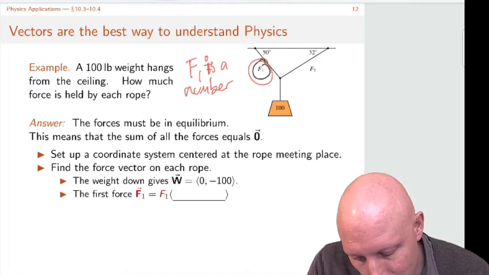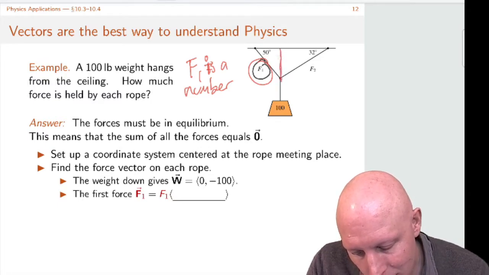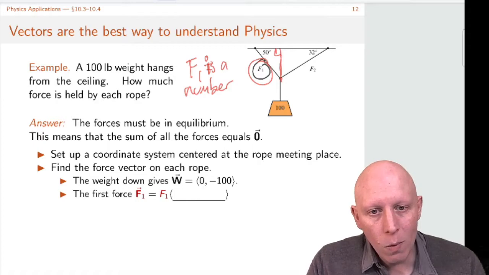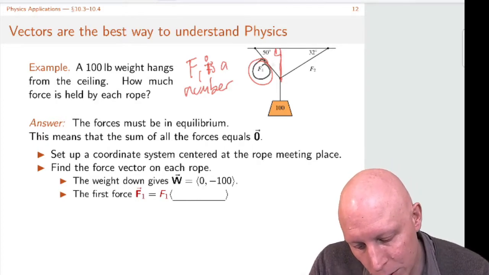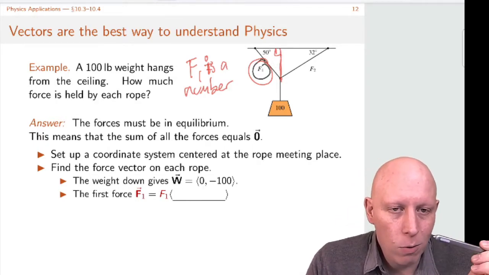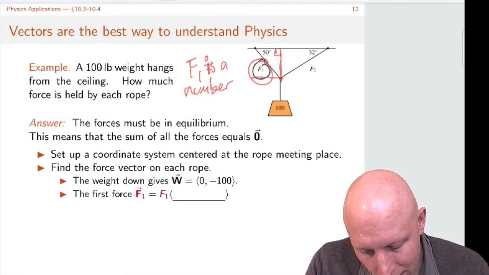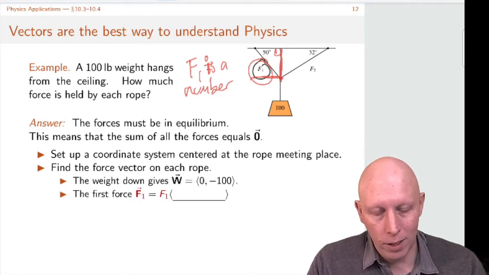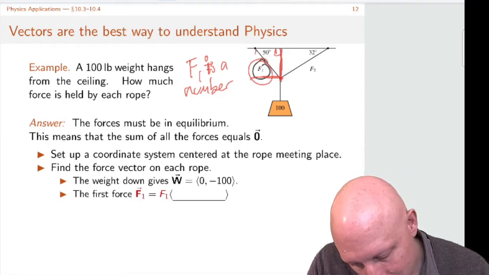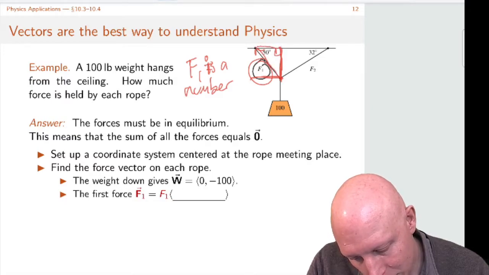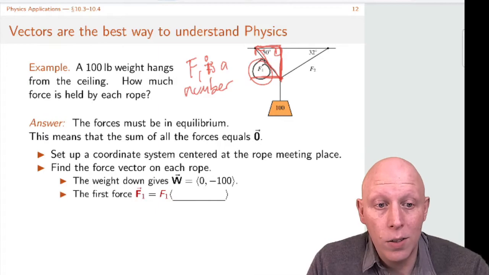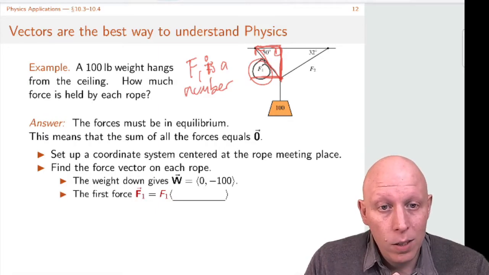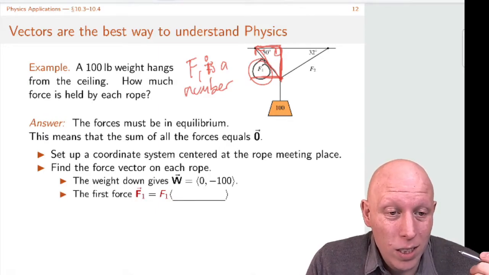And so we're going to take this triangle and use it to say how much of F1 is in the negative x direction and how much of it is in the positive y direction. All right, so we've got this vector, and we're going to break it down into a vertical component and a horizontal component. And to do that, we're going to need to use some trigonometry.